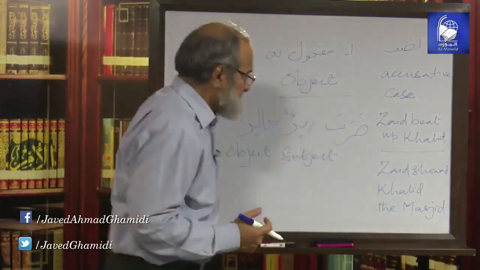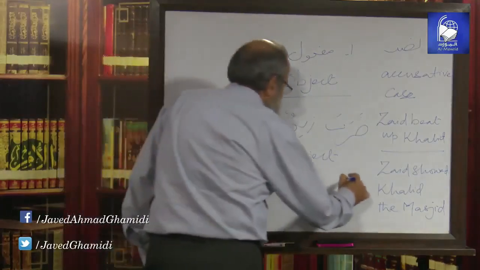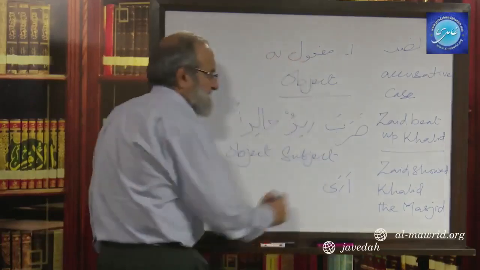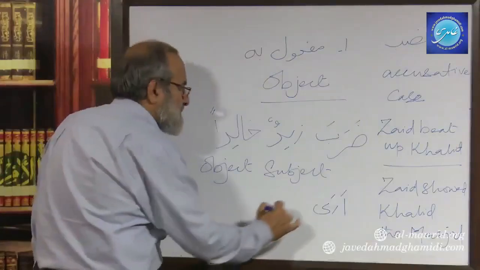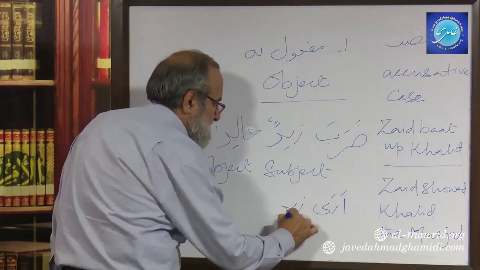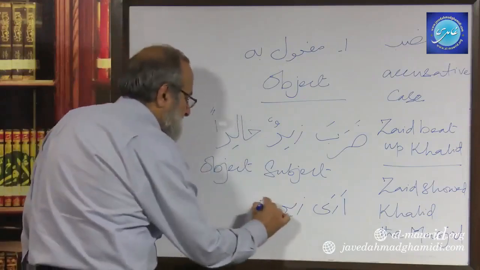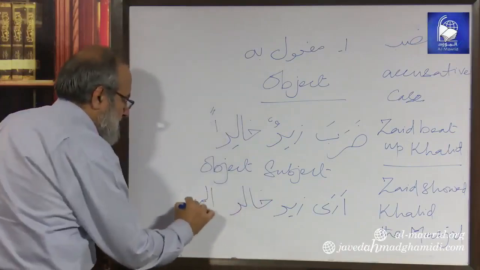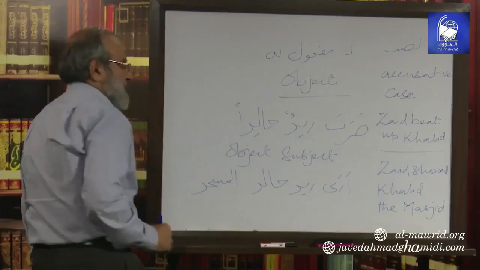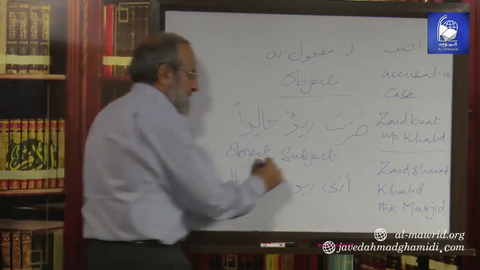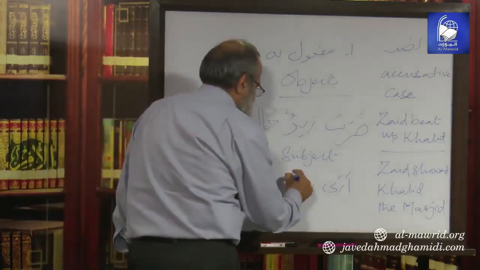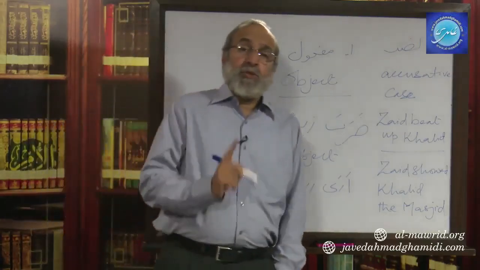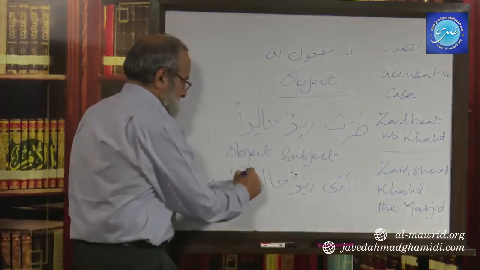So in Arabic, what we will do is that we will use the verb ara, which is showed. Who showed? Zaid. Whom? Khalid. What? Al-Masjid. So the Arab of Zaid would be obviously Zaidun. Ara, Zaidun. Zaid showed. Whom? Khalidan.